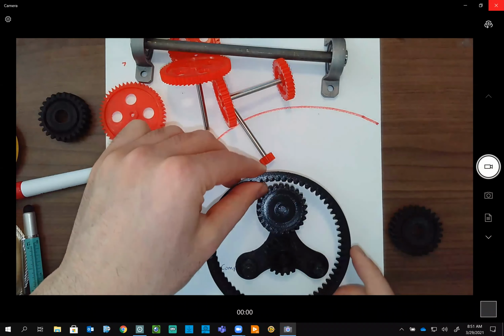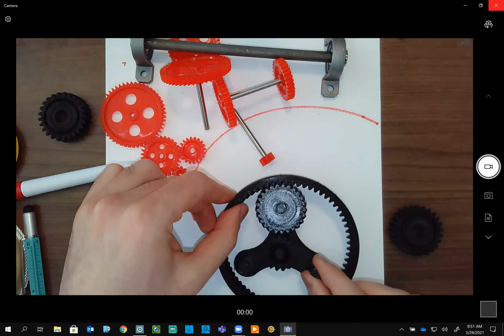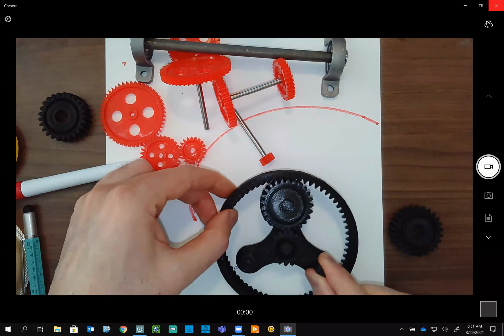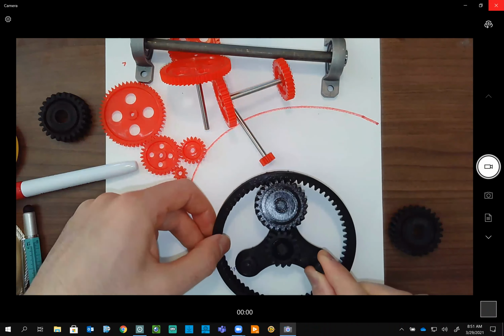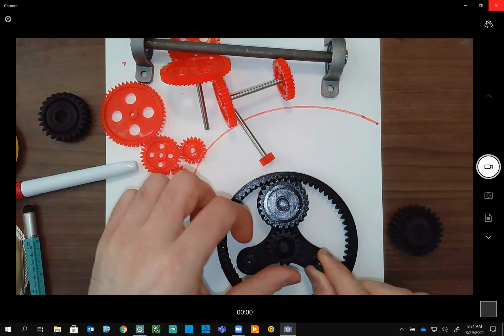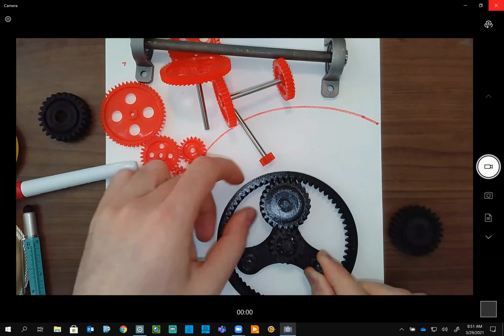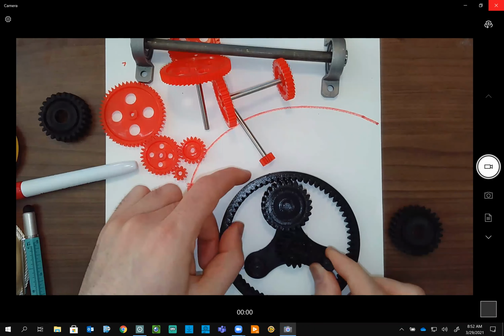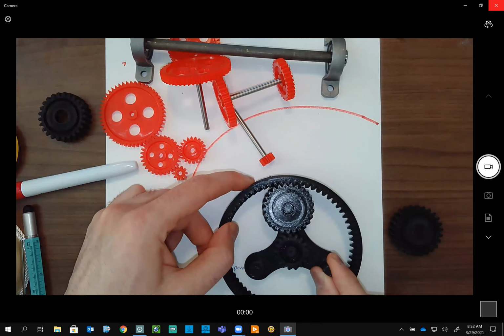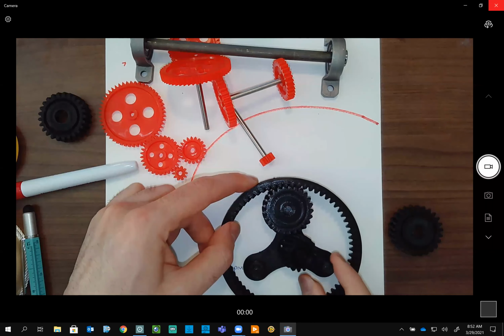Now, if I use a ring outside, if I rotate the ring, for example, the sun is rotating. If I rotate the sun, the ring is going to rotate. So the whole planetary gear can work with this setup.